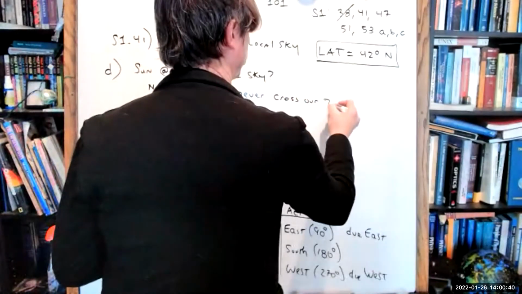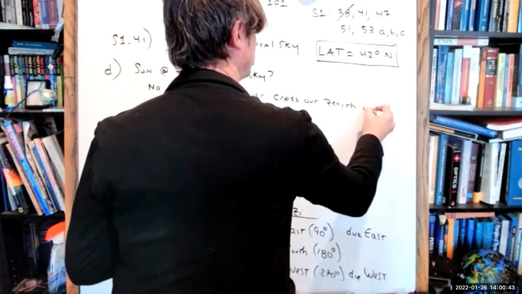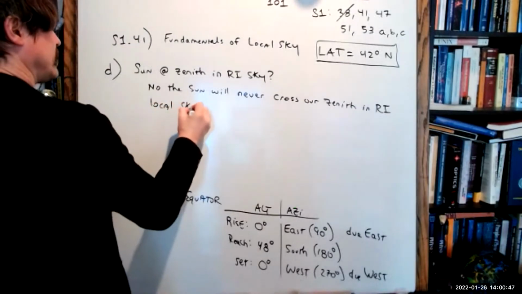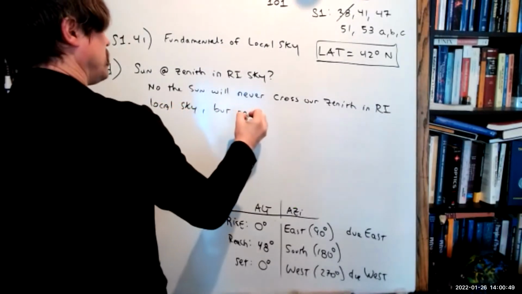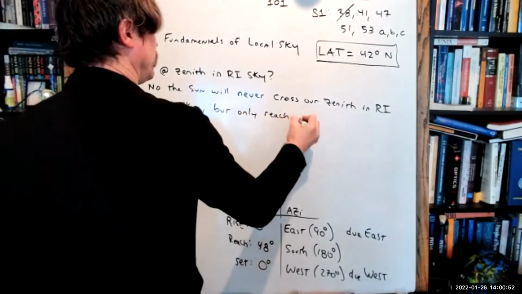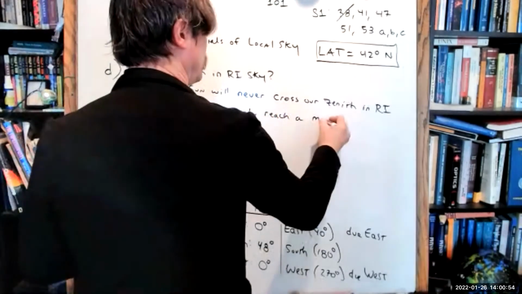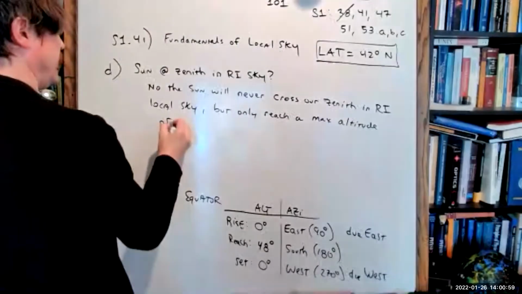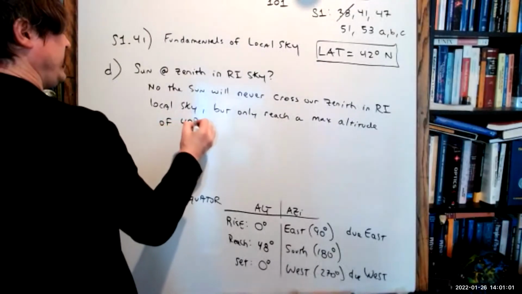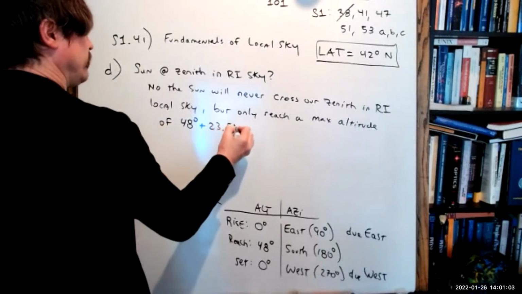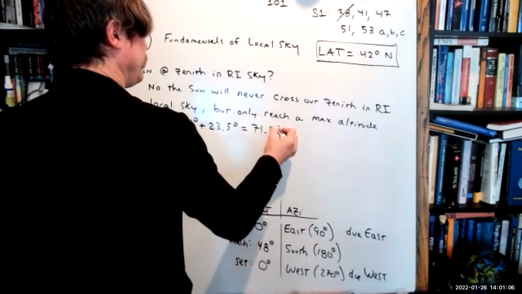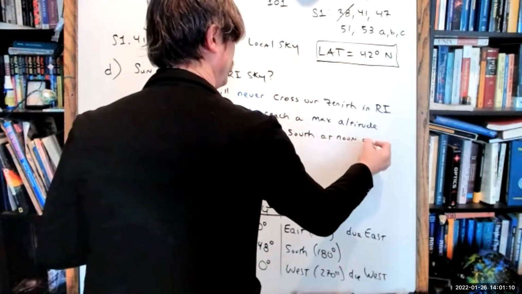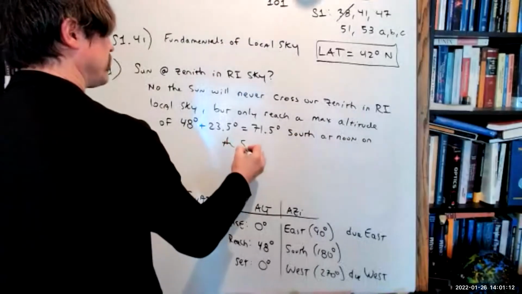The sun will never cross our zenith in the Rhode Island local sky, but only reach a max altitude of 48 degrees plus 23.5 degrees, 71.5 degrees south at noon on the summer solstice.